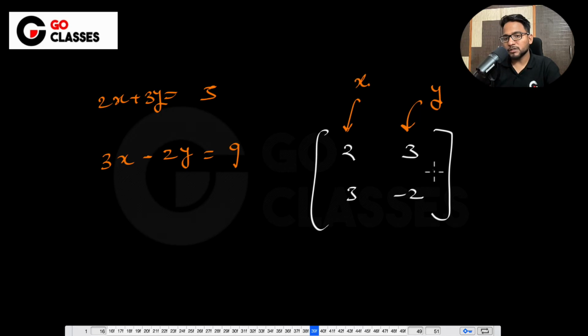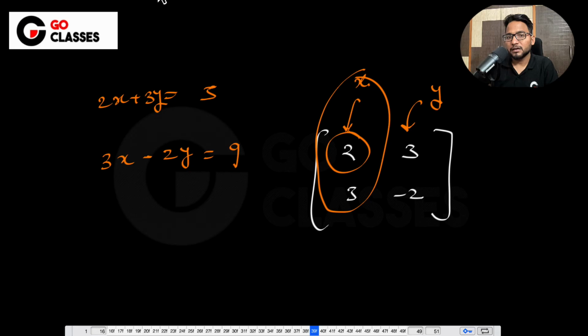Since these are two columns and two variables, we use these terms interchangeably: you say this is a pivot variable, or you say it's a pivot column. Generally we call this a column. The complete column is a pivot column, or you say that x is a pivot variable, right? Because there is a one-to-one correspondence between the column and the variable. The first column and the second column are respectively for x and y.